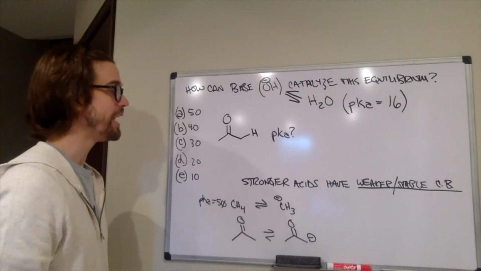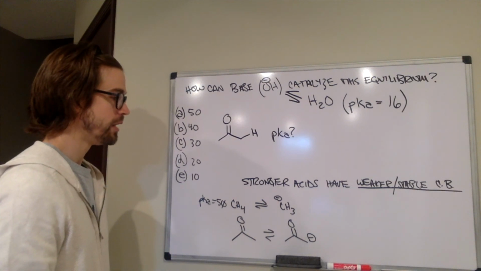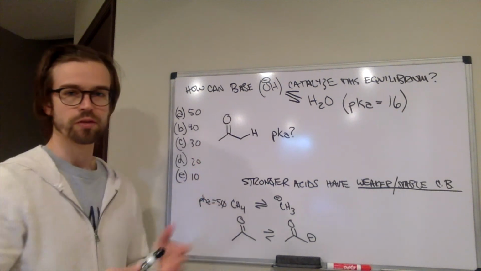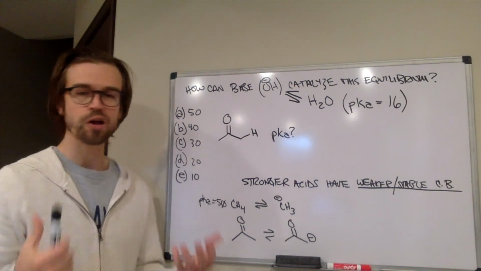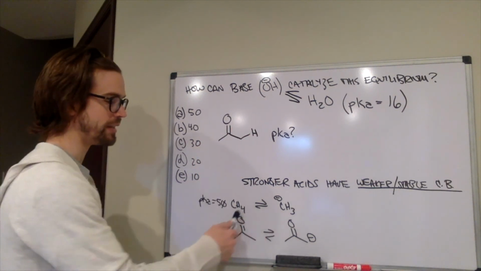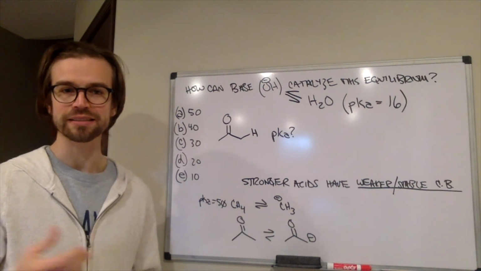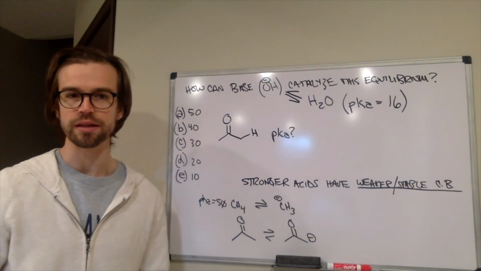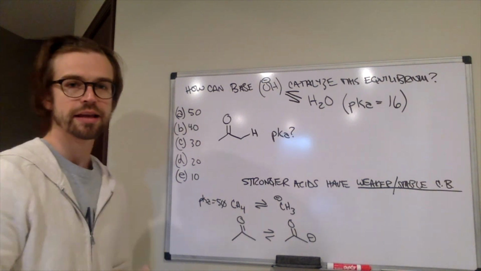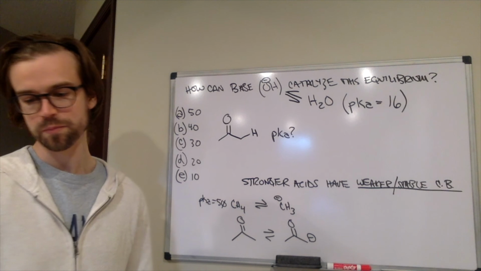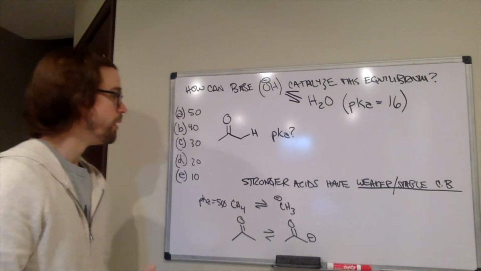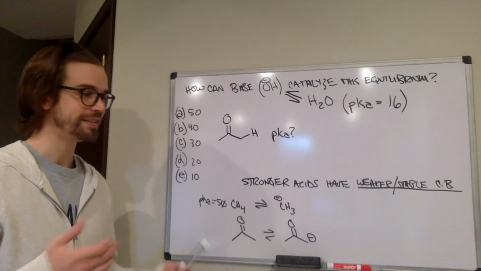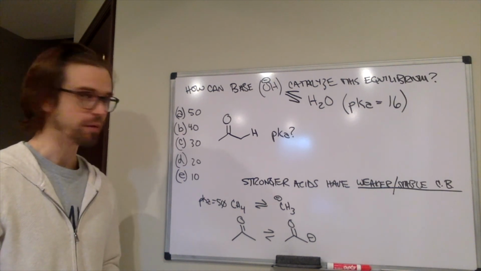But that being said, how does that relate to this molecule? OH minus, there's just no way. It's not able to deprotonate CH4 because that is just not acidic enough. But we know that this must be able to deprotonate that because we've already said that it does facilitate that equilibrium. So how close do the acids and bases have to be in equilibrium?